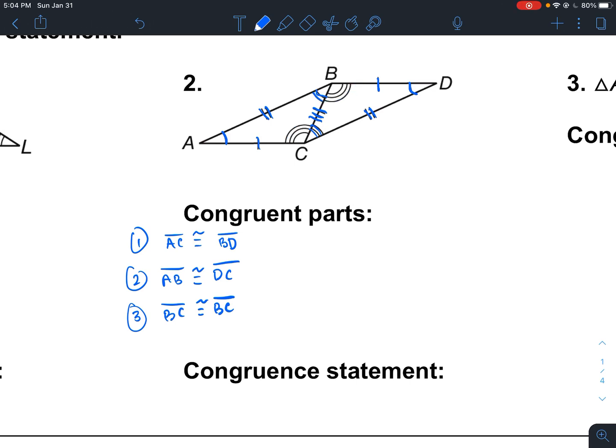So for example, how do I say angle B without also talking about this angle B right here? Because angle B for one triangle is not the same as angle B in the other triangle. Okay, so we have to write it differently.